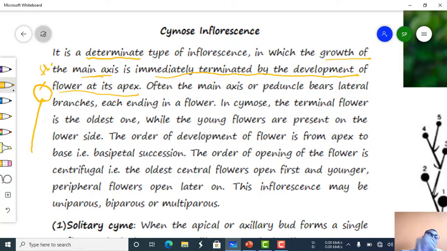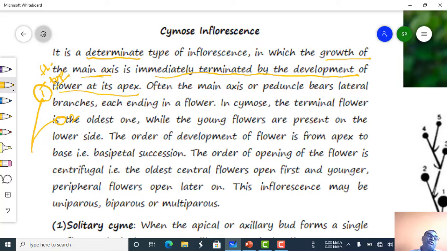That means the oldest flower is present at the top or terminal position, and the lateral flowers are younger. So this is the first flower. This is the main axis, and this main axis ends in a flower, so this becomes the first flower. On the peduncle, a lateral peduncle is produced and it again ends in a flower.